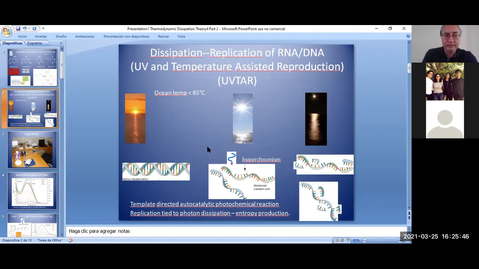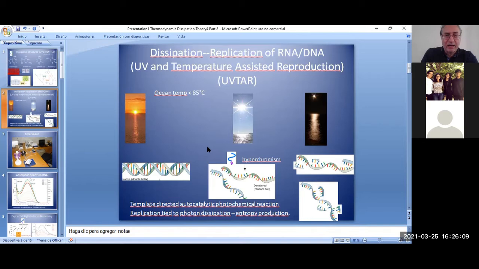So that's intriguing data, no? That the ocean temperatures were about the temperature of the denaturing of DNA. And we have evidence of this from the oxygen isotopes in the sediments of the oceans at that time.